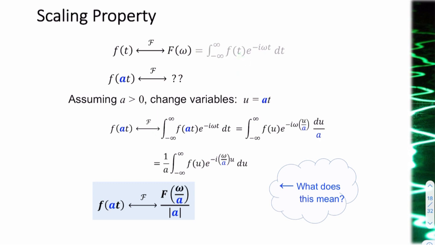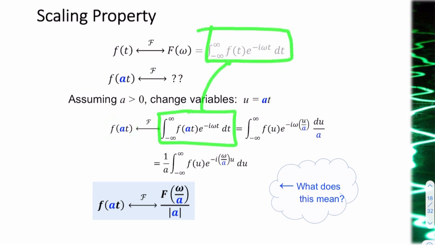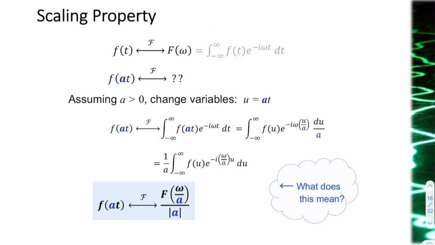So we can simply write f of at and write the definition of the Fourier transform. This, as you can see, is the same as that. So if you write the definition of the Fourier transform, this is my signal, and this is e to the minus i omega t. So this is the same as that. That's part of the Fourier transform definition. So how would we get rid of that a?